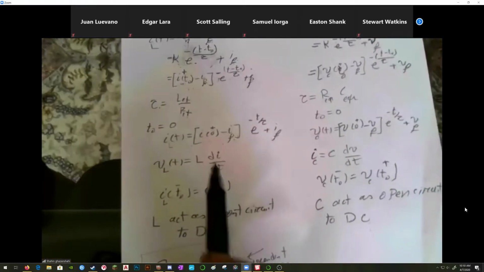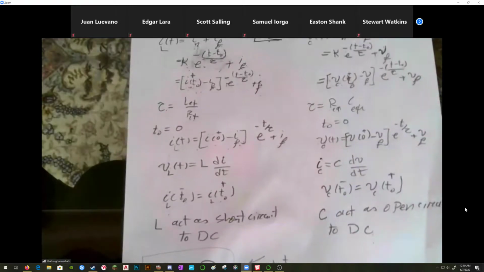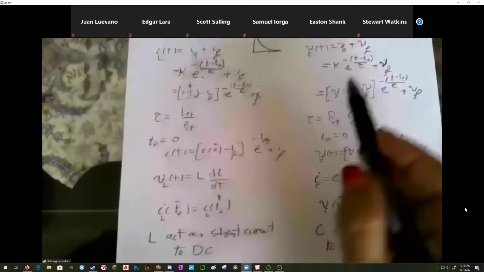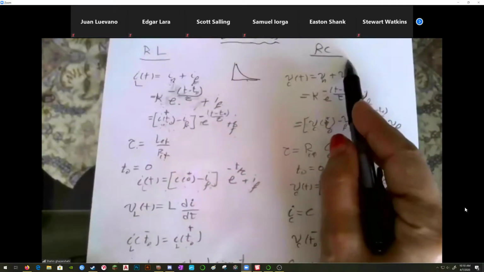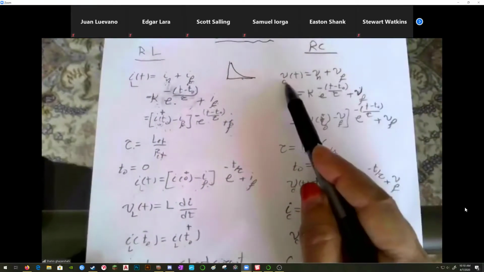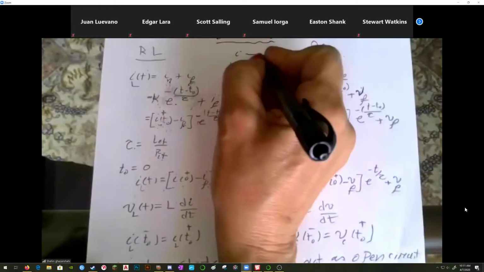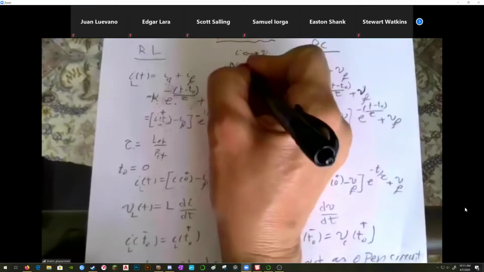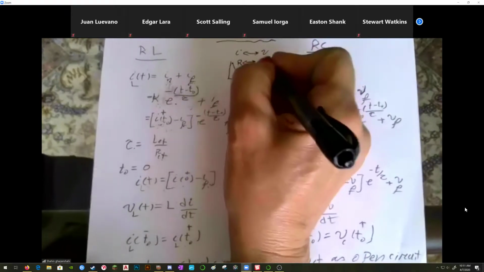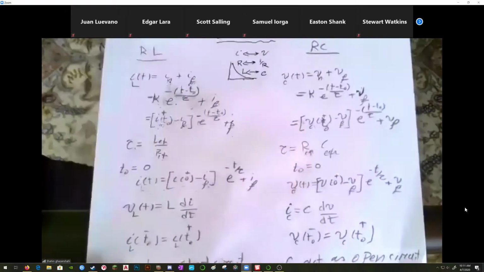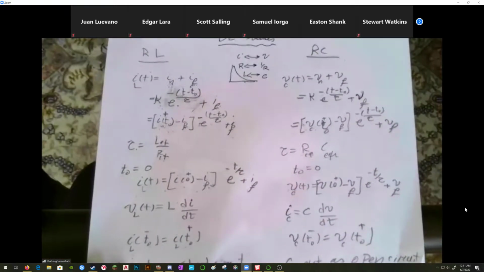Now, in solving the problems for this chapter, the same thing applies for the RC. For RC, we calculate it as a dual of RL. Your I changes to V. Your R changes to 1 over R. Your L changes to C. That's the duality principle, okay?